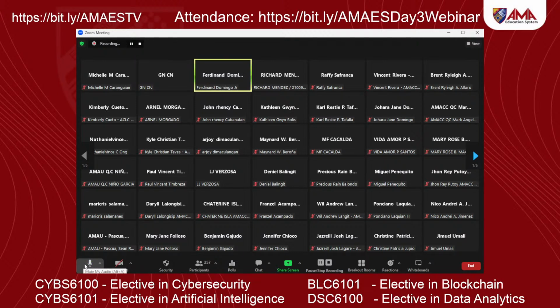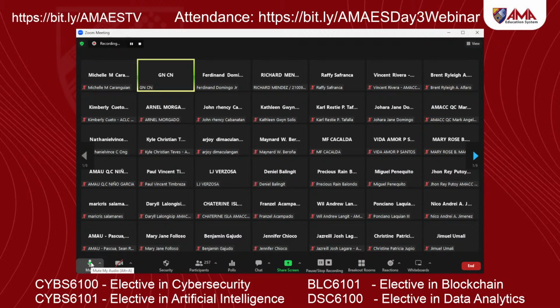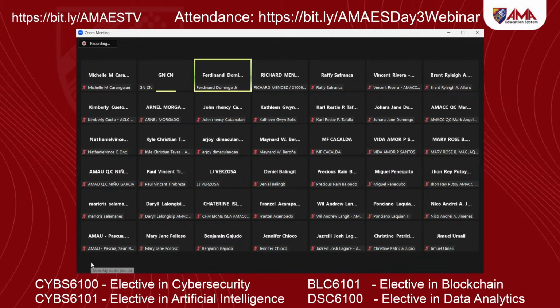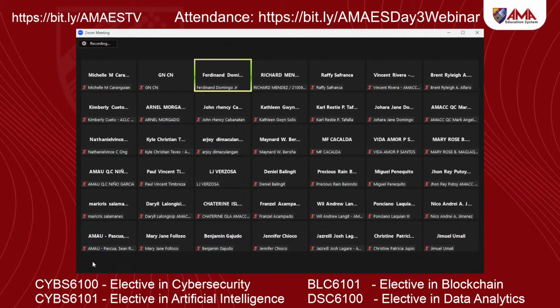Yes, sir, nakita ko siya. Yun yung part of it. Parang ganun po yata. Macro.